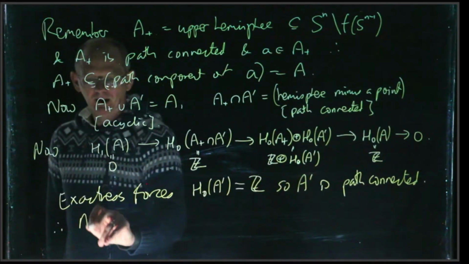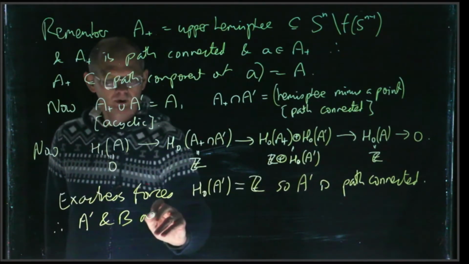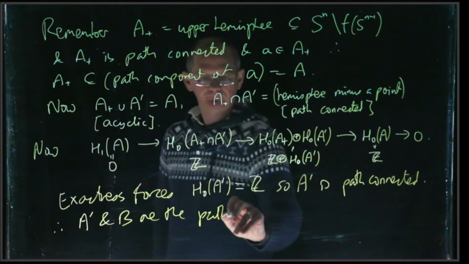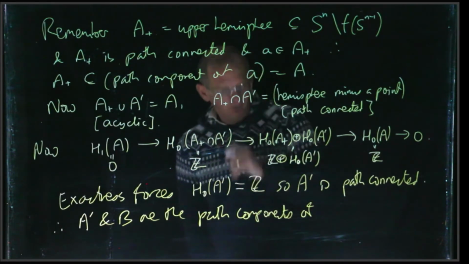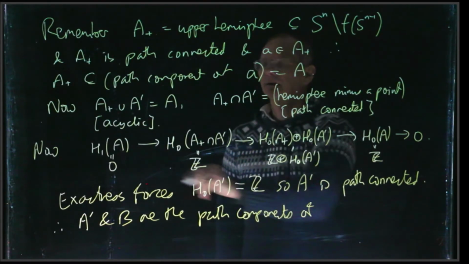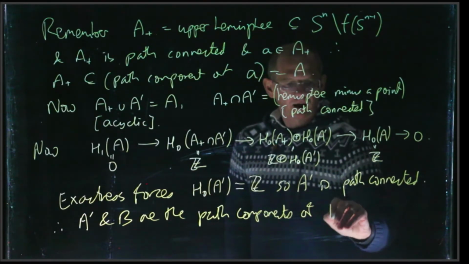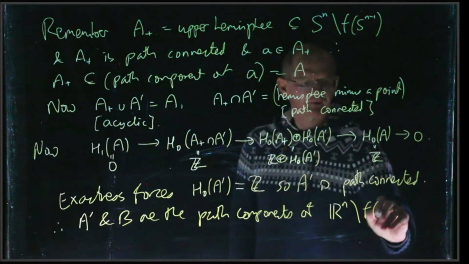Therefore, A prime and B are path components of R^n with f(S^(n-1)) removed.